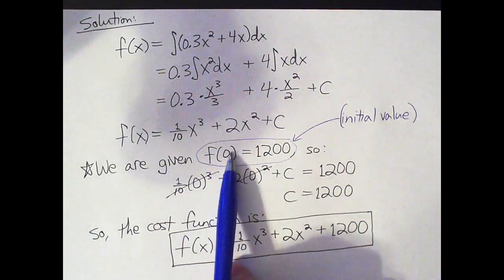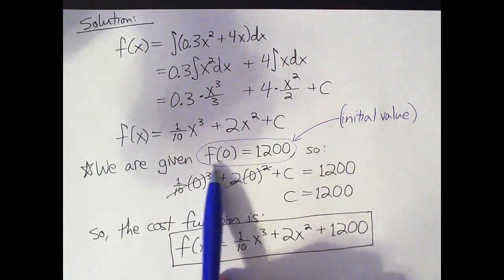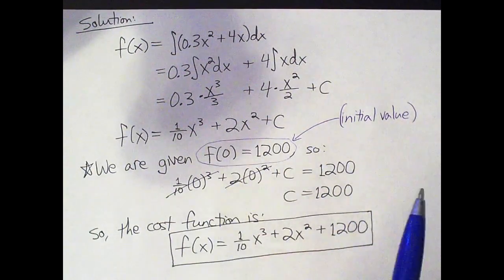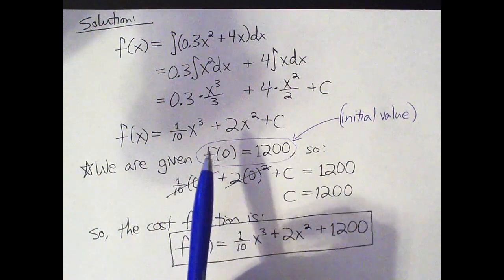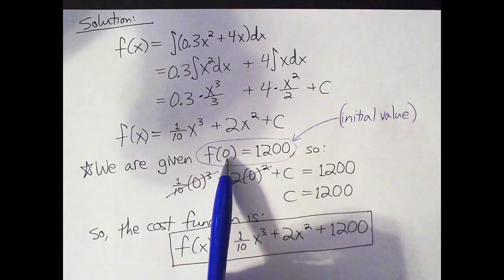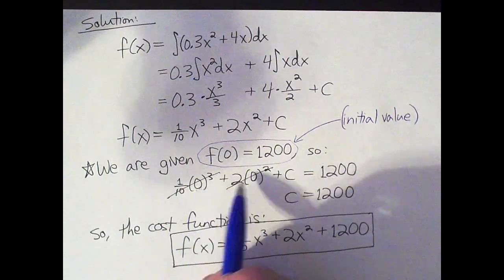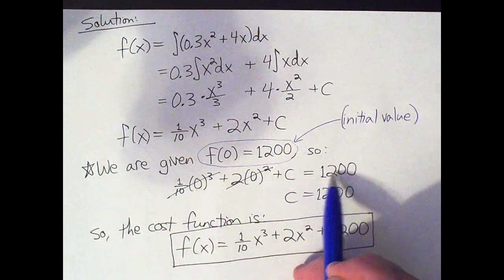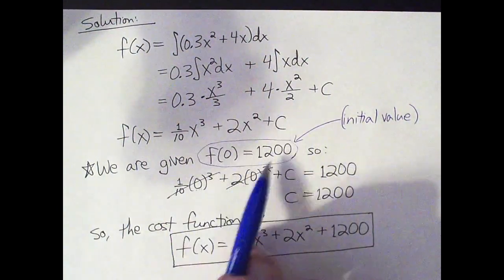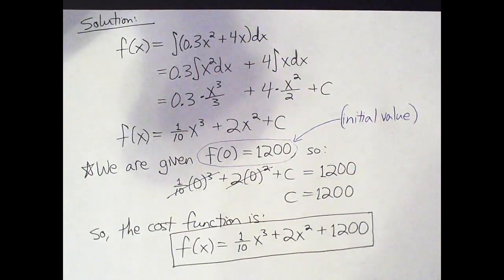But it turns out that it doesn't have to be 0 here. You could be given f of 1, you could be given f of 2, you could be given f of 3. The important thing is that you're given a function value, like an input and an output. And that gives you something that you can put in, like we put 0 in, and something that's over here. So as long as you're given f of something equals something, it's considered an initial value problem.